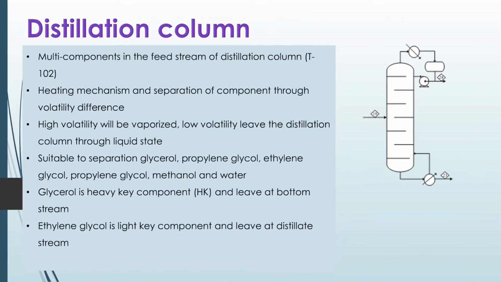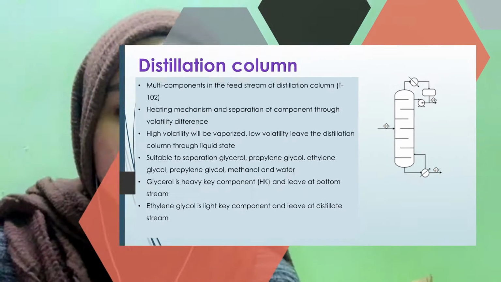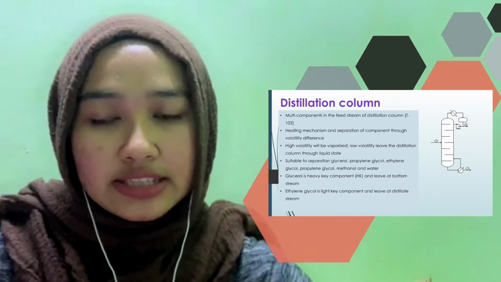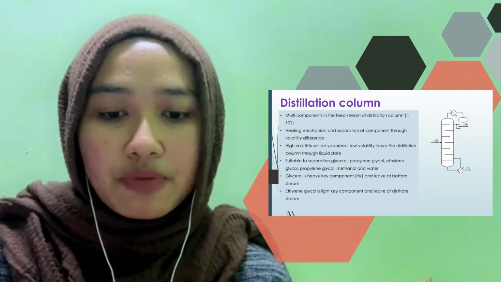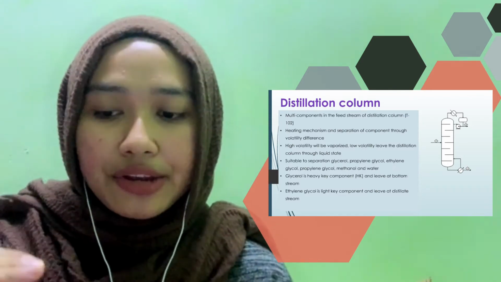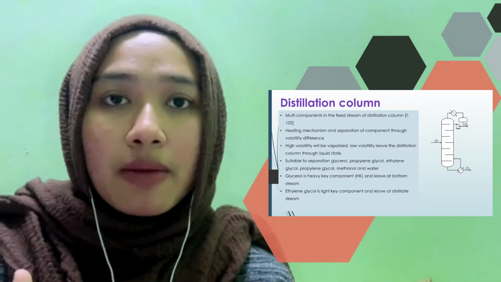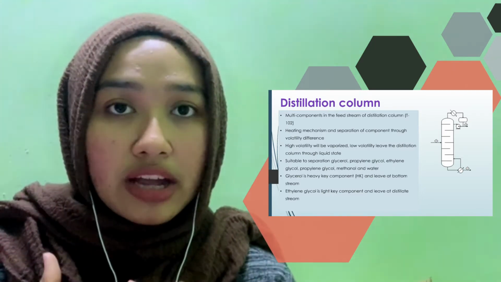The multi-components in the feed stream of distillation column T102, and the heating mechanism and separation of components through volatility difference. High volatility will be vaporized, low volatility leaves the distillation column in the liquid state. For the multi-component feed at distillation column 2, there will be 3 substances: ethylene glycol, propylene glycol, and unreacted glycerol.